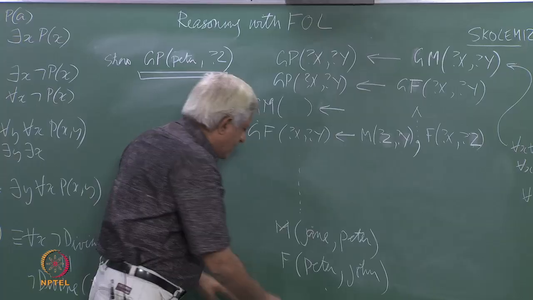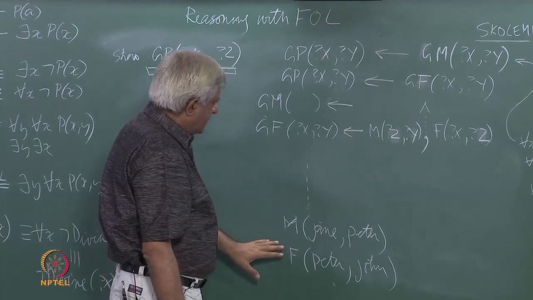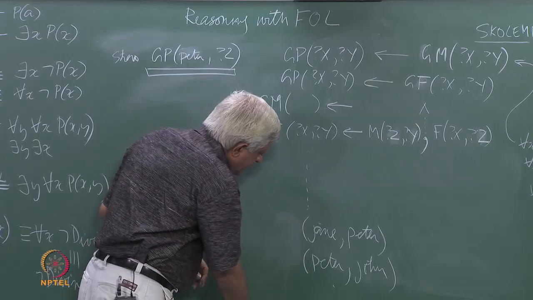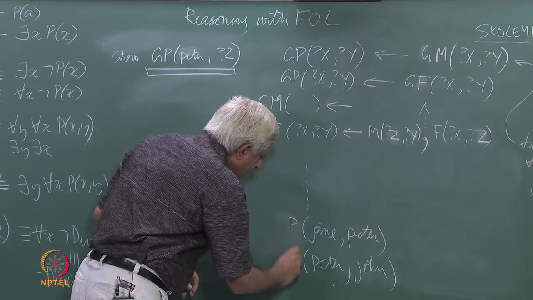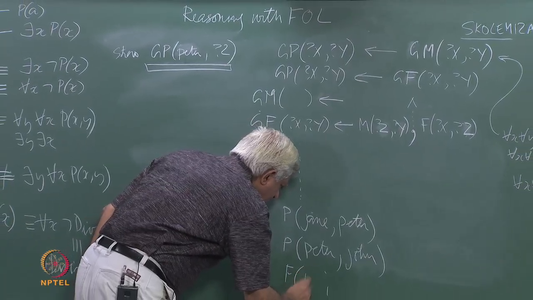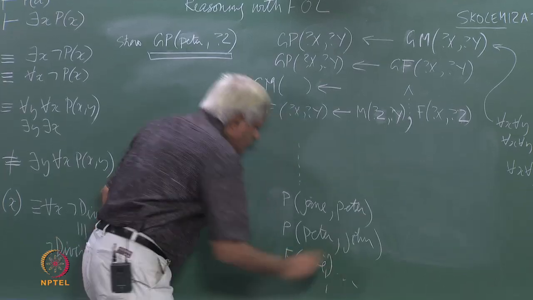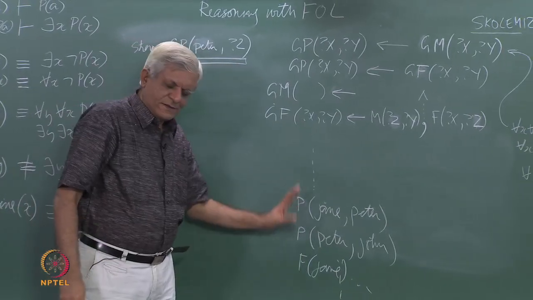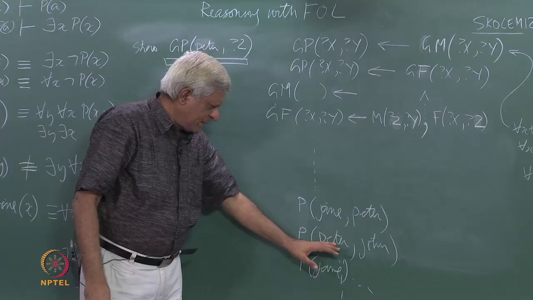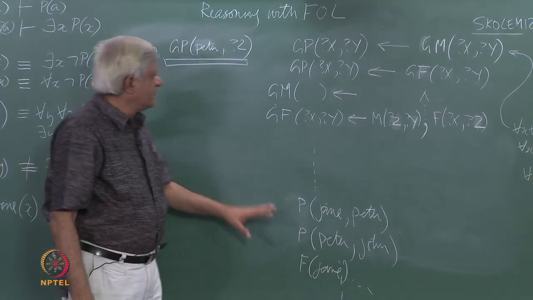As you can imagine, I should have something like, okay, I could use parent here and then female Jane and so on and so forth. That is data that I originally said we have, that Jane is female, Peter is male and John is male and that kind of stuff.